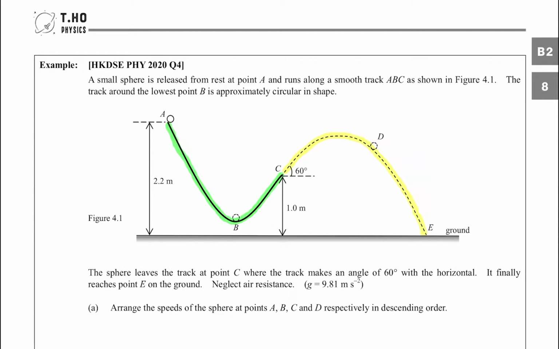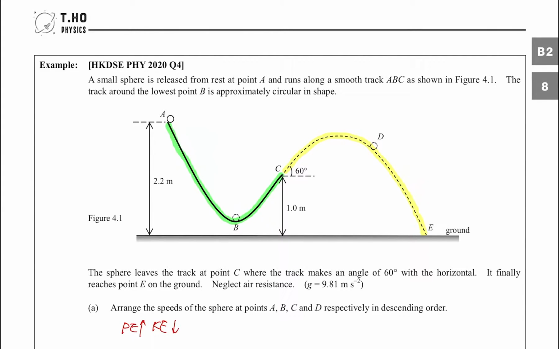So first of all, part A, arrange the speed of the sphere at points A, B, C, and D respectively. We know that it is a conversion of energy. So when the PE is higher, KE will be lower, and vice versa. So whenever the ball is higher, the KE would be smaller.